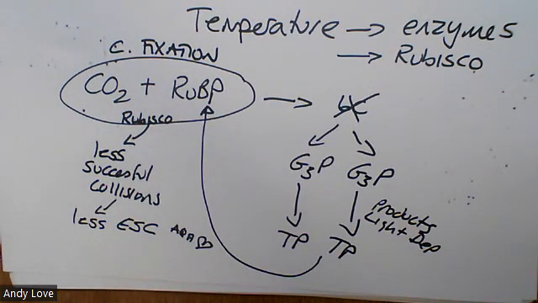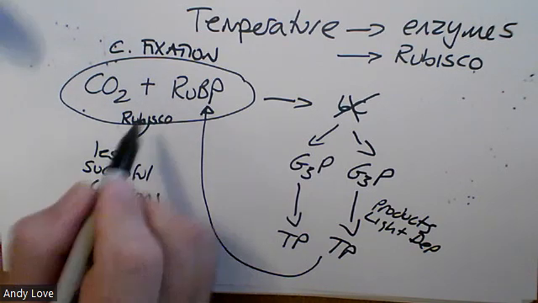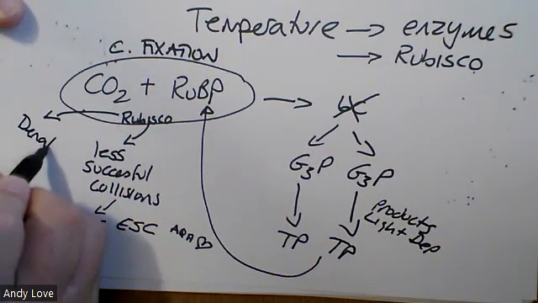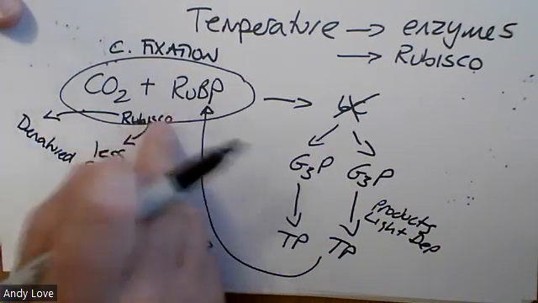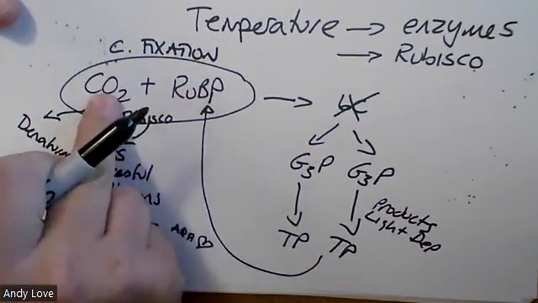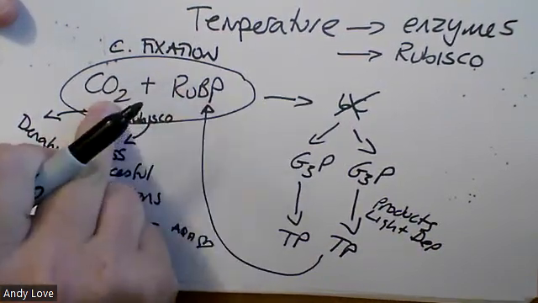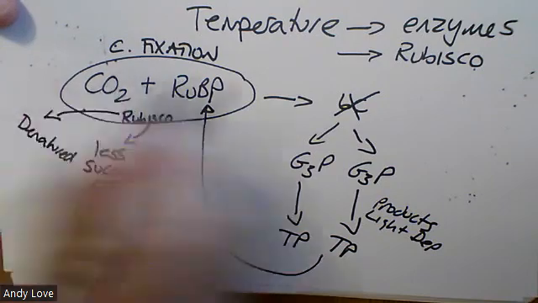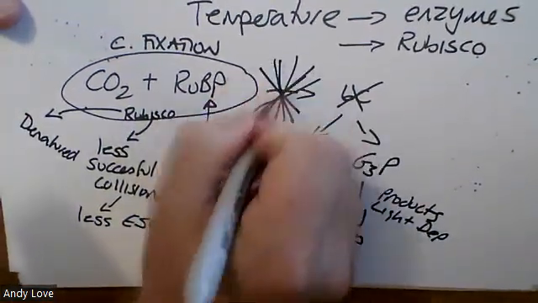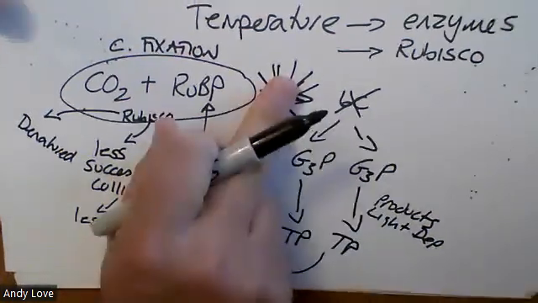What happens if the temperature gets higher? The temperature gets higher, poor old rubisco will get denatured. If rubisco gets denatured, then this doesn't happen. And if this doesn't happen, what process is going to get blocked? It'll be exactly the same as if carbon dioxide is limiting. That one will stop.